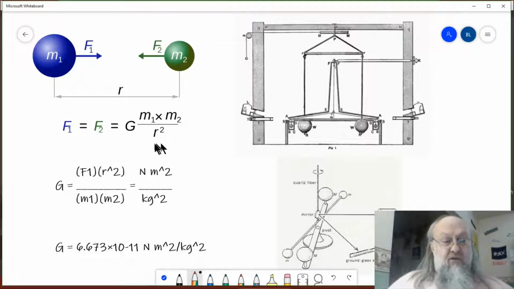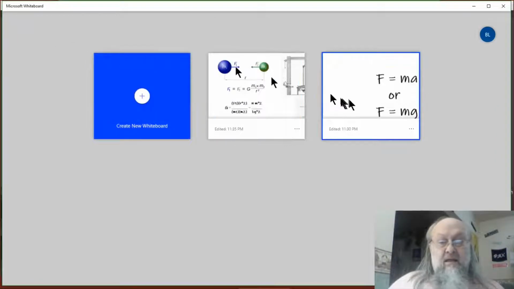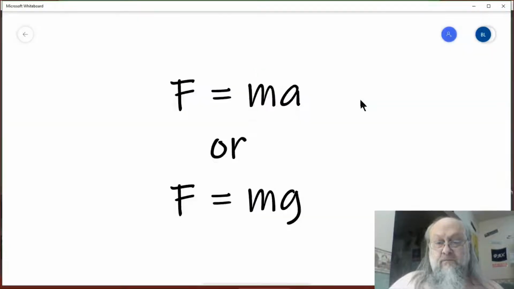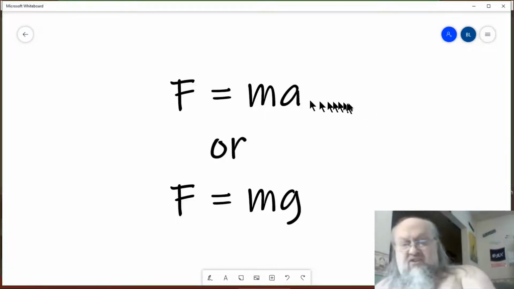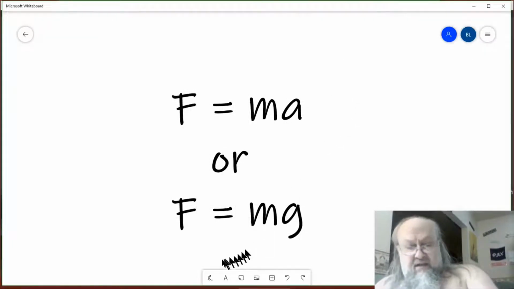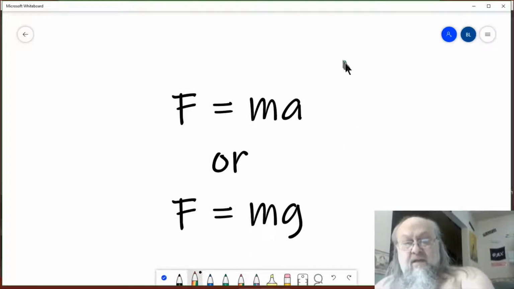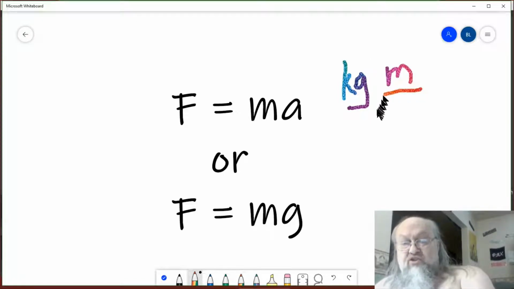So what is this little thing here? Well, when we go back to the equation we had, force equal mass times acceleration, I should have written it down, but remember, mass is in kilograms and acceleration is in meters per second squared.